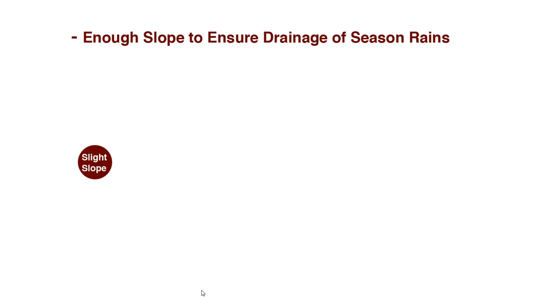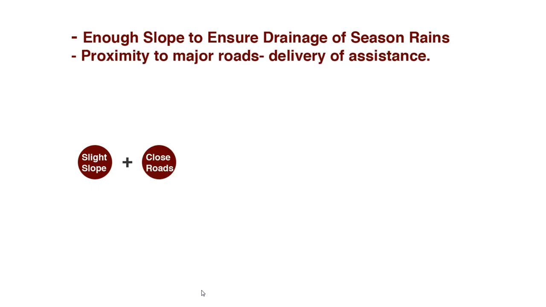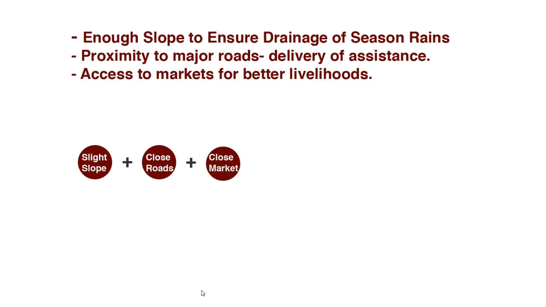Our criteria this last week, we had a series of criteria, and the first one was slope. So we worked with a digital elevation model to derive slope. After slope, we did proximity to roads, so we needed to be close to a major road. Then we accessed markets. We needed to be close to a market so that those both serving the refugee camp and within the refugee camp have some access to these markets.